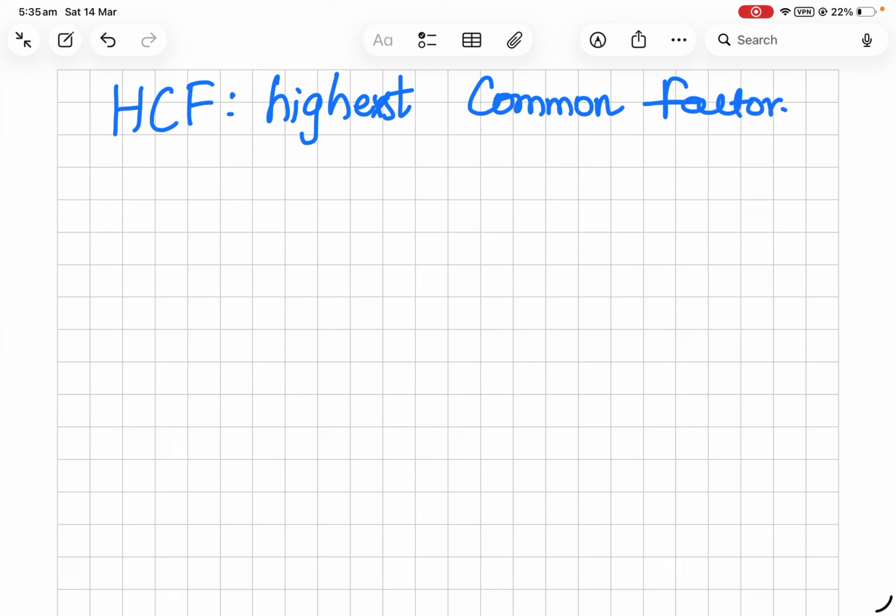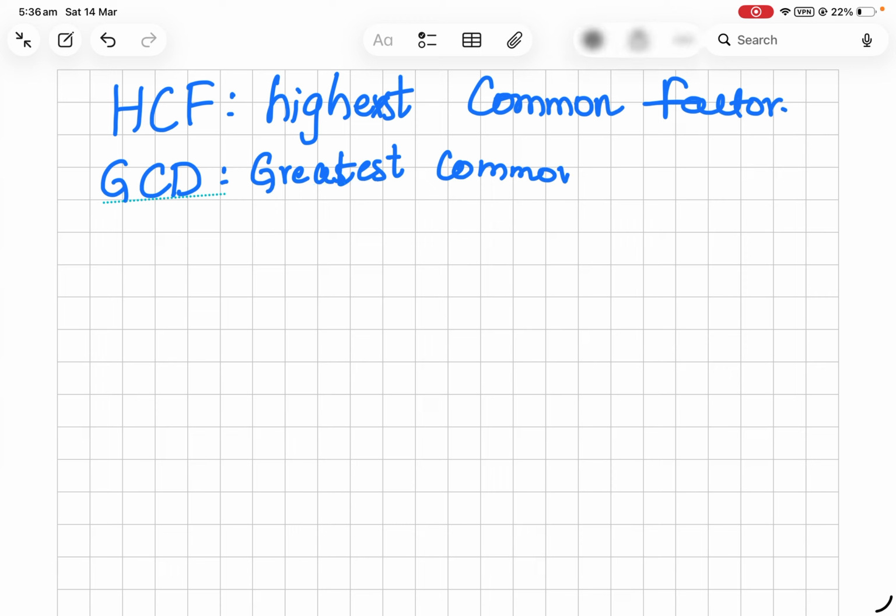It is also known as greatest common divisor, GCD. What does it mean?